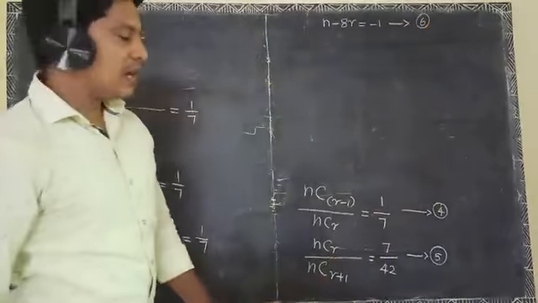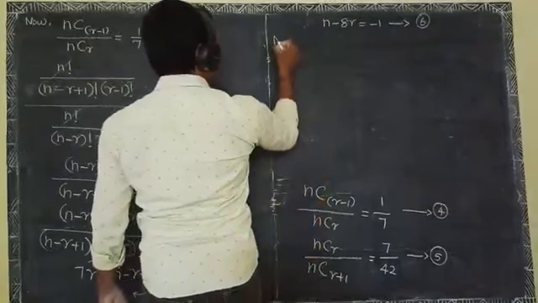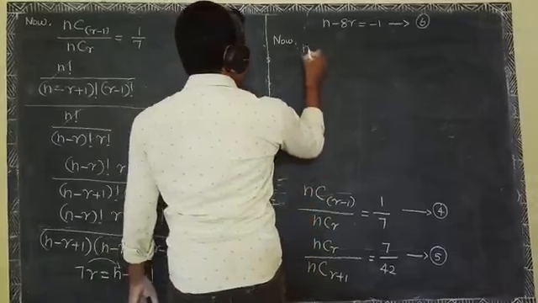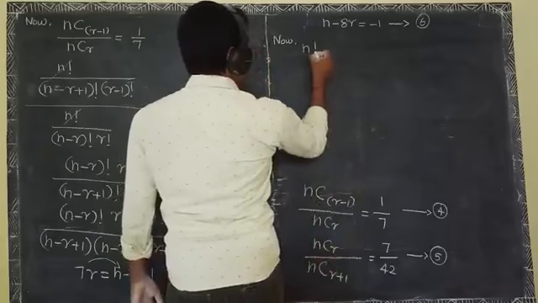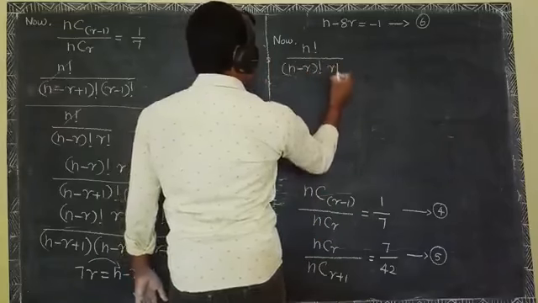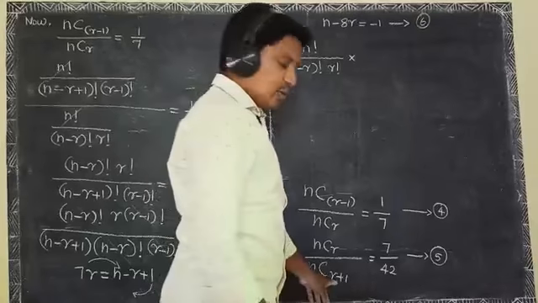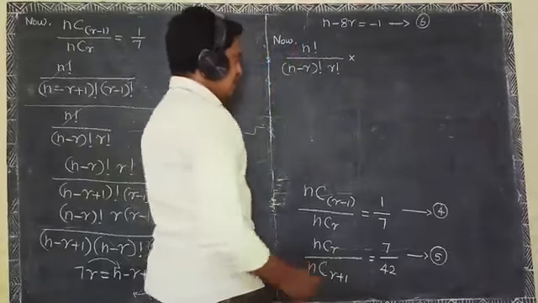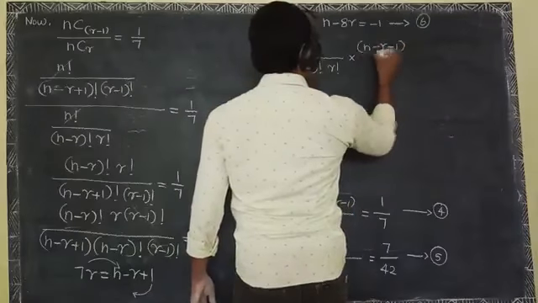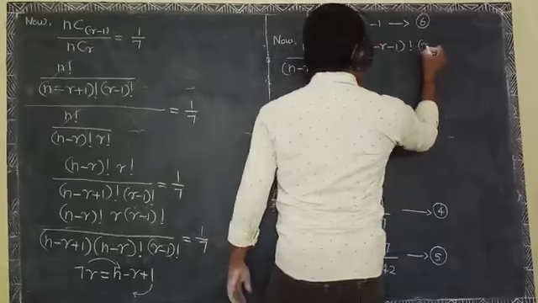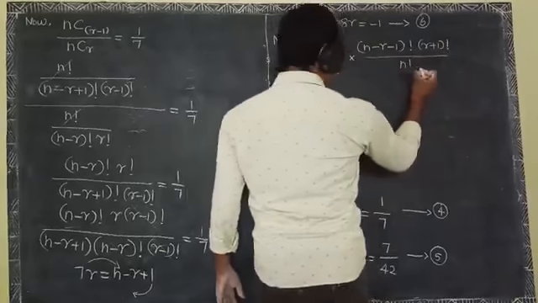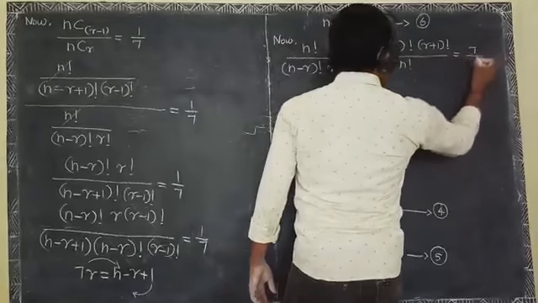Similarly, now we take equation number 5. nCr means n factorial divided by (n minus r) factorial into r factorial. Then the denominator using the combination formula is (n minus r minus 1) factorial into (r plus 1) factorial divided by n factorial, which is equal to 7 divided by 42.